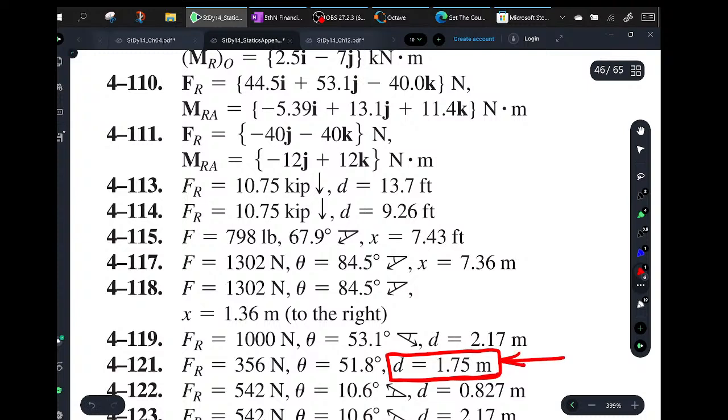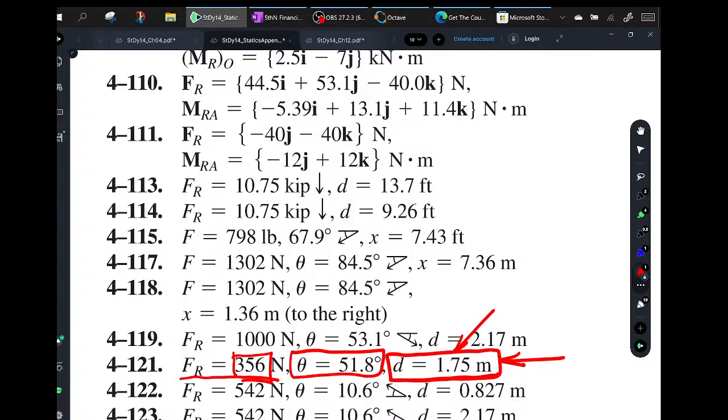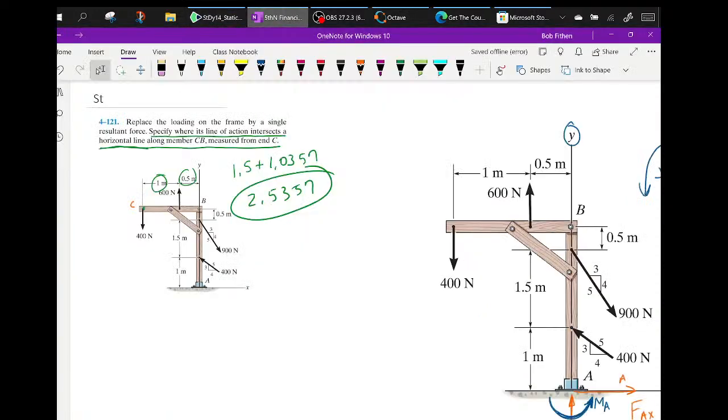So let's go at, okay, he says the resultant force is 3.56, I'm sorry, 356. Let's resolve each of these, and if we have time, let's see, what time is it? We still got a little bit of time. So let's resolve each individual one of these. Okay.